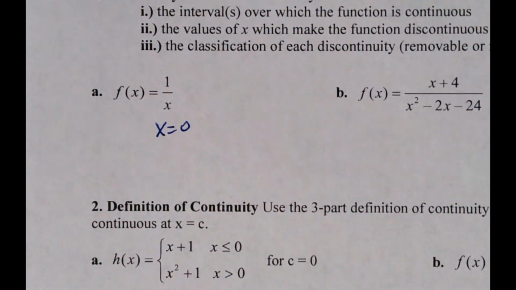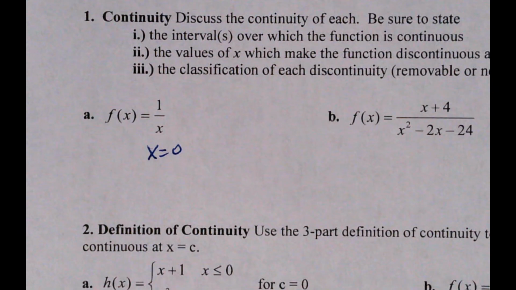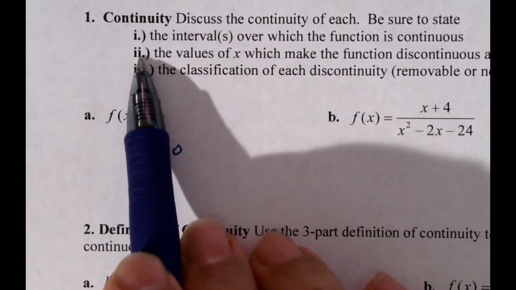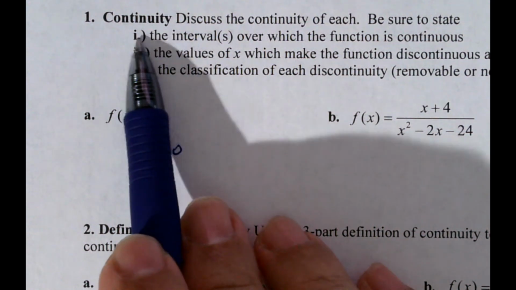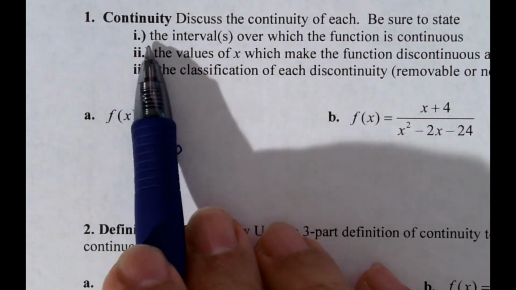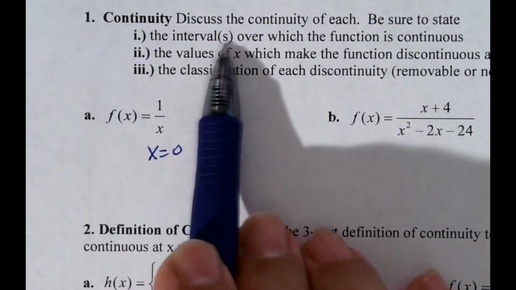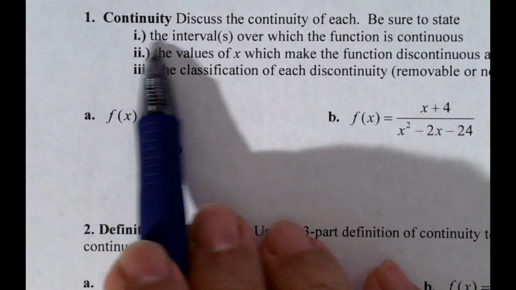Now I want to go back and answer the first I. We're going to call this 1, 2, and 3. Criteria 1: what are the intervals?